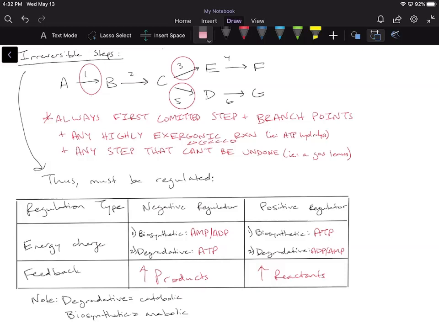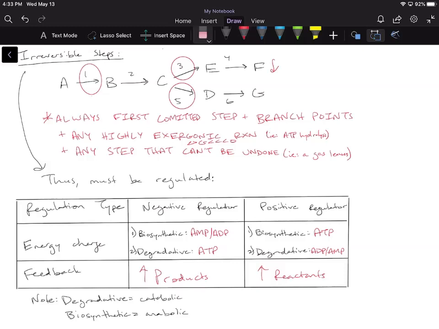It also wants to adapt to the needs of the body. For example, if we get a decrease in the concentration of F, your body should be flexible enough to adapt and produce more F when it needs it, but also stop producing F when it doesn't. This is the idea of homeostasis. We're trying to maintain relatively constant concentrations to meet the needs and demands of the body. That's what regulation helps us do.